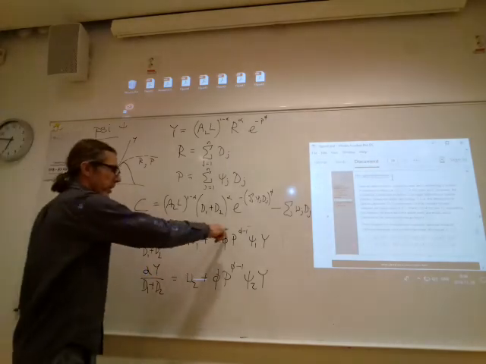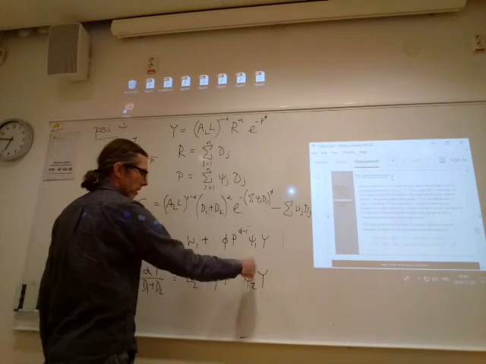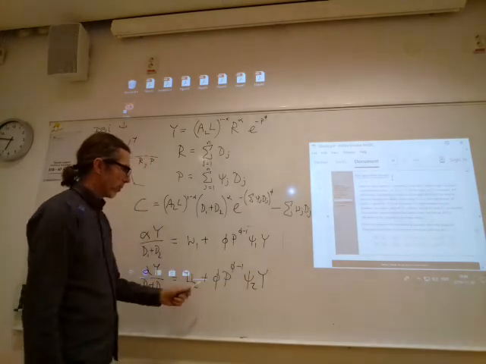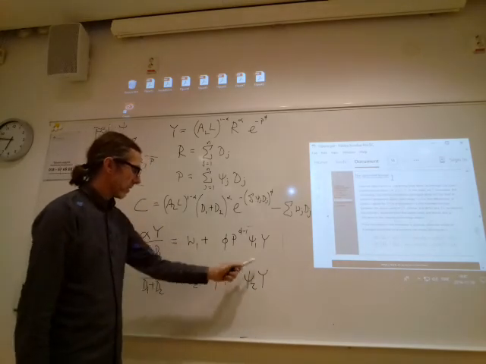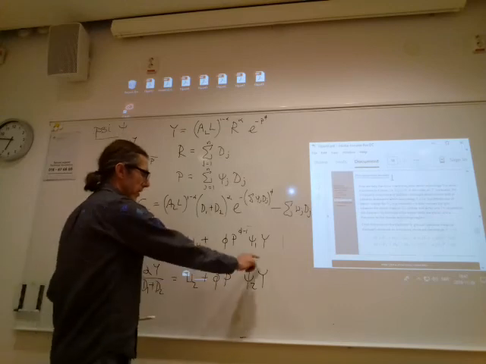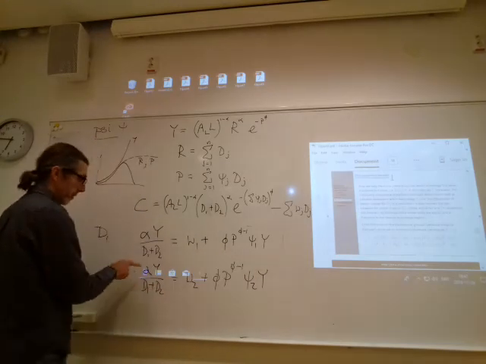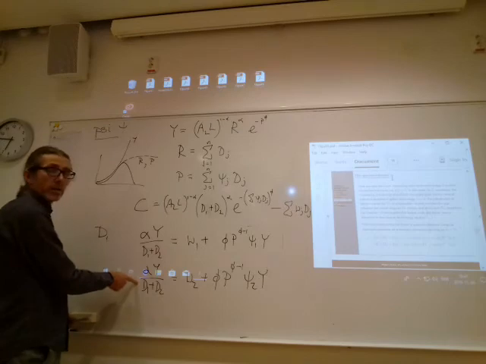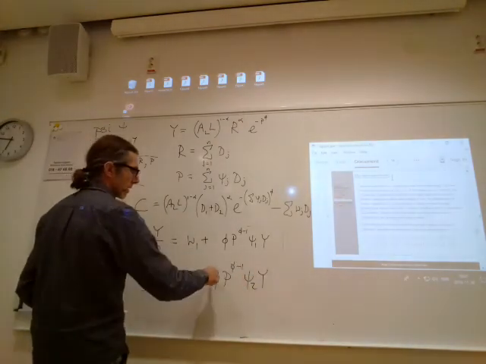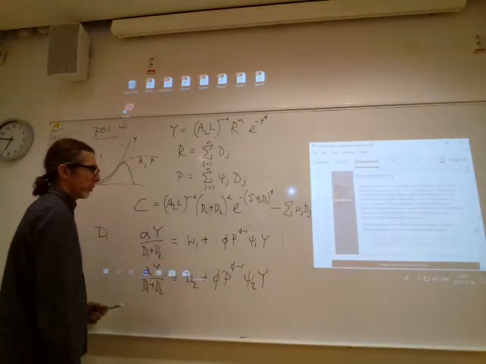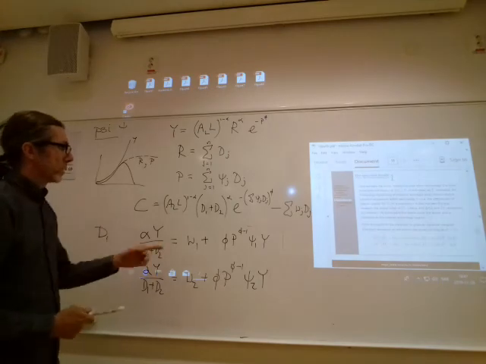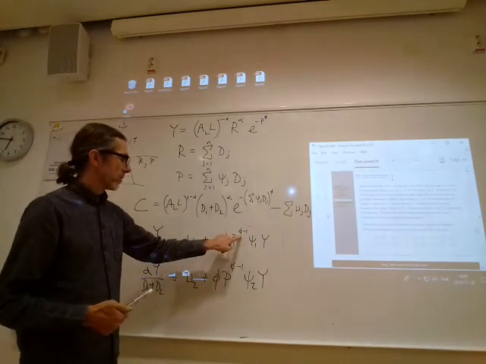But with growth, the weight of these terms increases, and at some point, as the second term starts to dominate, the second term is smaller for the second input, so at some point we're going to start switching to the second input. The switch is gradual because this phi is greater than 1.